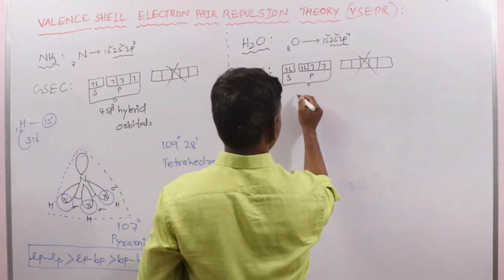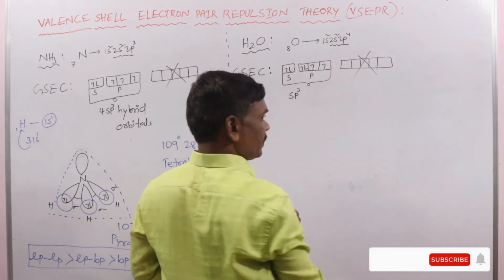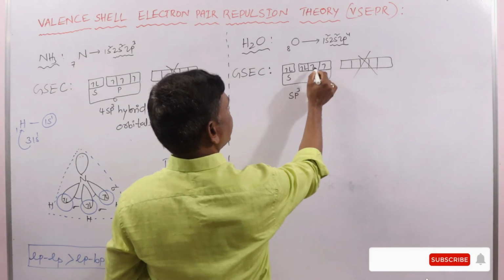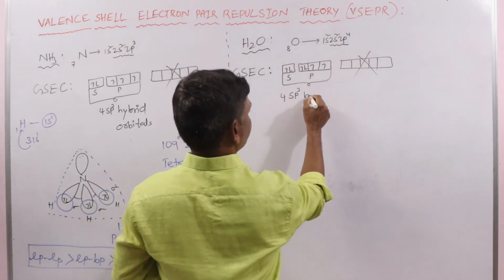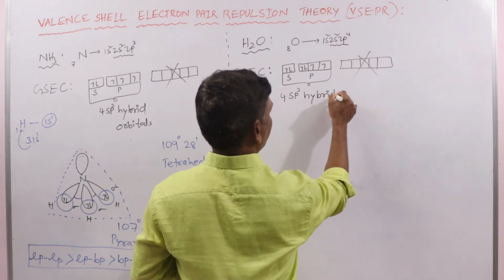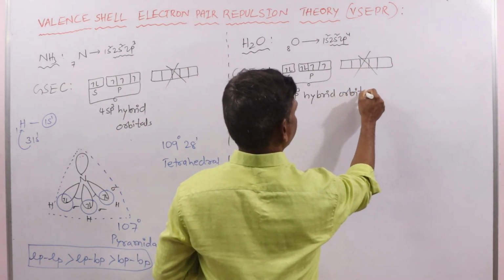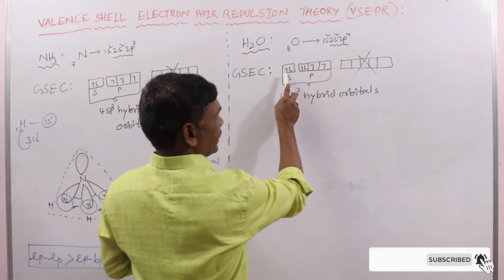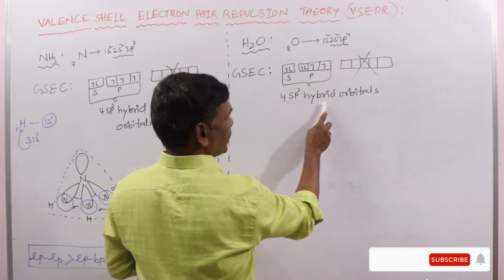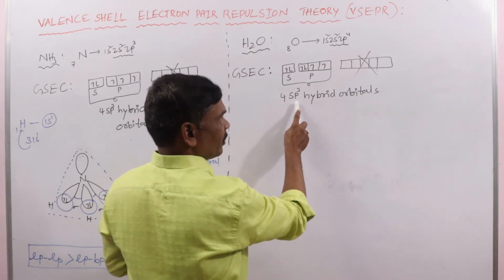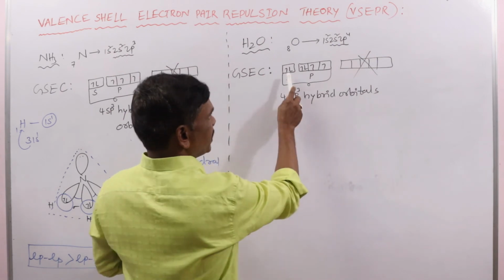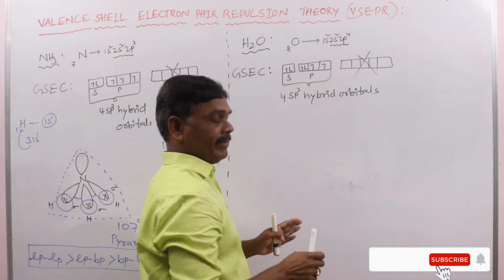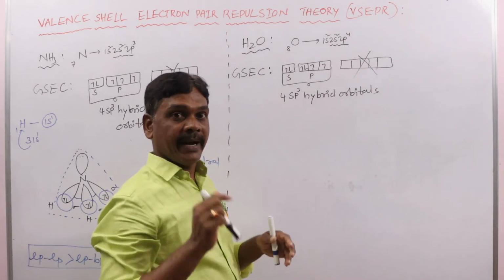Now what is the hybridization? sp3. How many in total? 1, 2, 3, 4 sp3 hybrid orbitals. One s orbital and 3 p orbitals give 4 sp3 hybrid orbitals. Out of these, 2 orbitals have pairs of electrons and the remaining 2 have unpaired electrons.